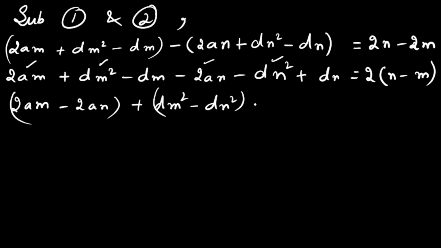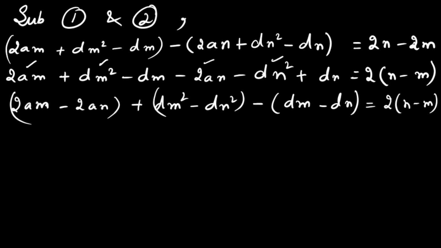Now this term is also of the same kind: minus dm plus dn. Why have I changed the sign? Because I have taken a minus out. So that's why dm is negative here. I change it to positive. dn is positive, I change it to negative. Because of the minus I change the signs.